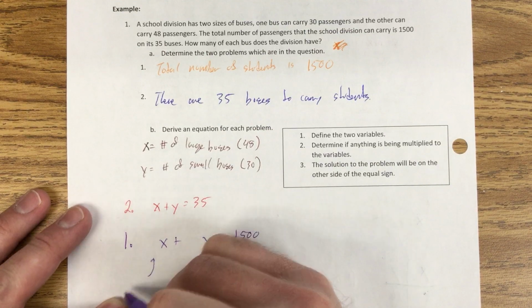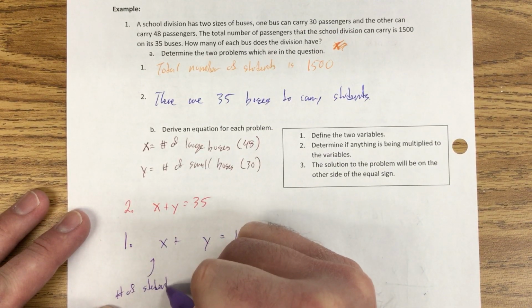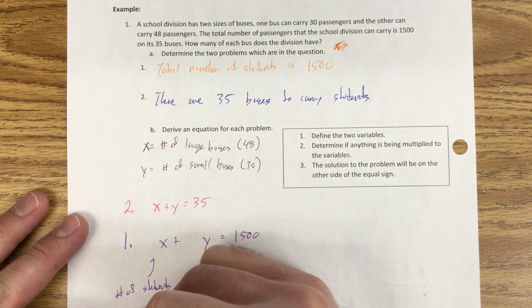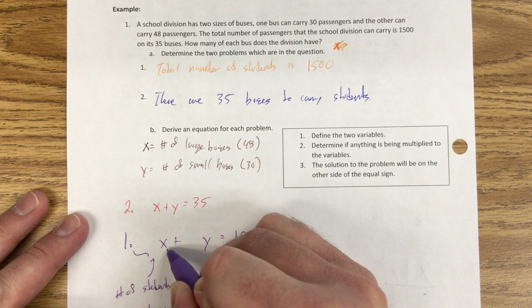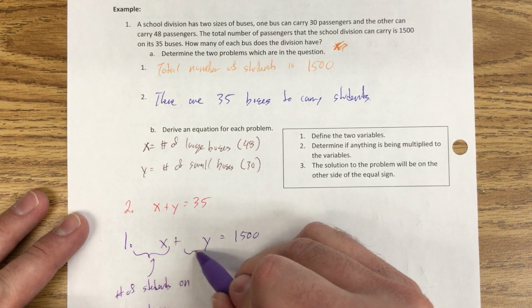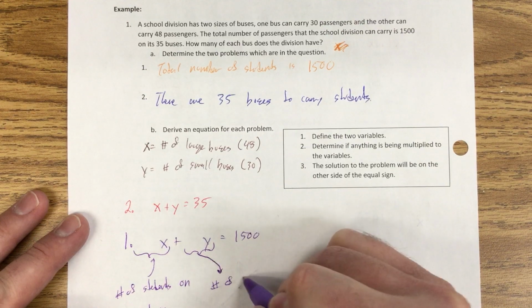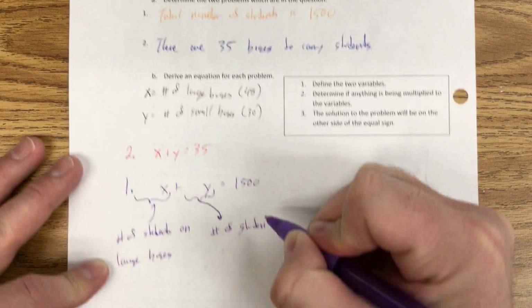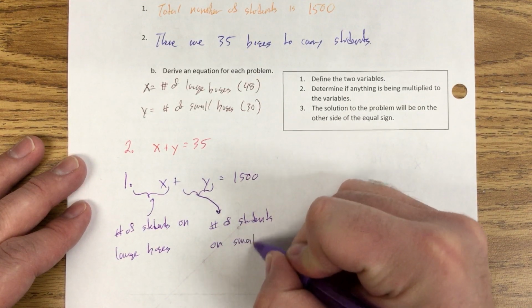So this here is going to be the number of students on large buses, and this section right here is going to be the number of students on small buses.